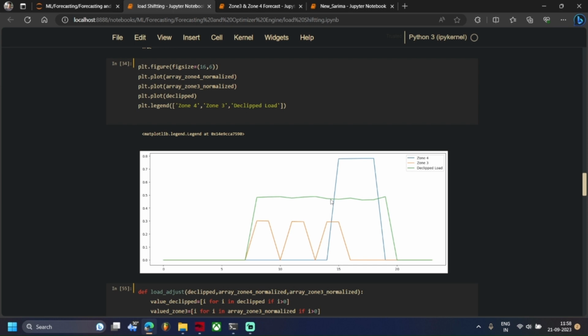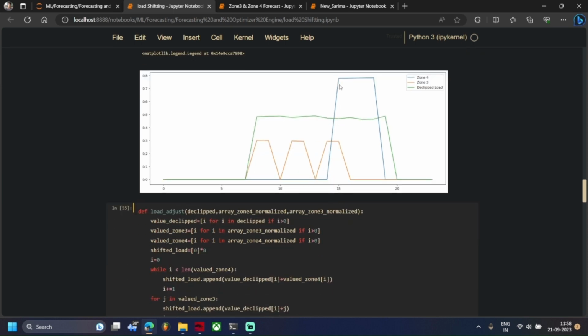So I thought, let's shift this to the left, and this three to the right, so that we can adjust these three classes within the time frame, and the fourth one also fulfills all the constraints.